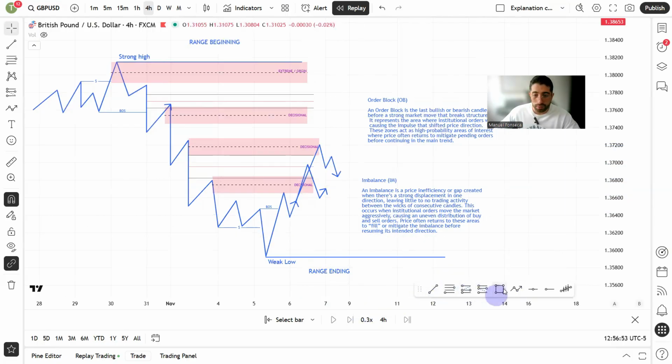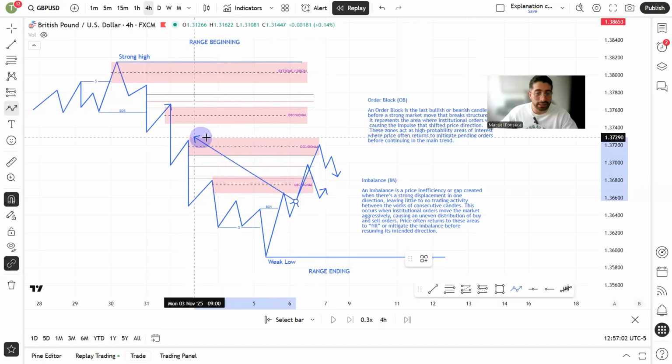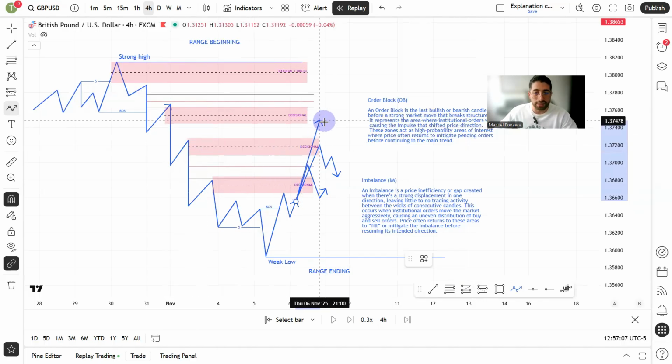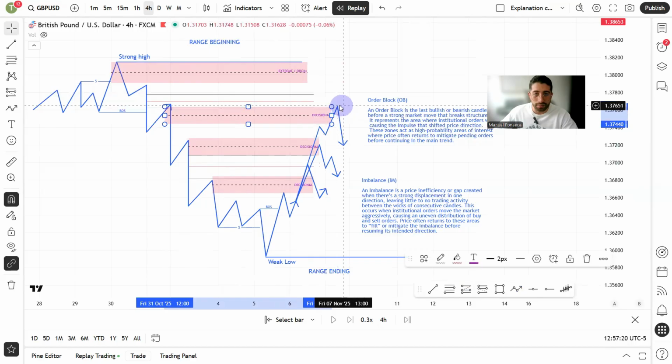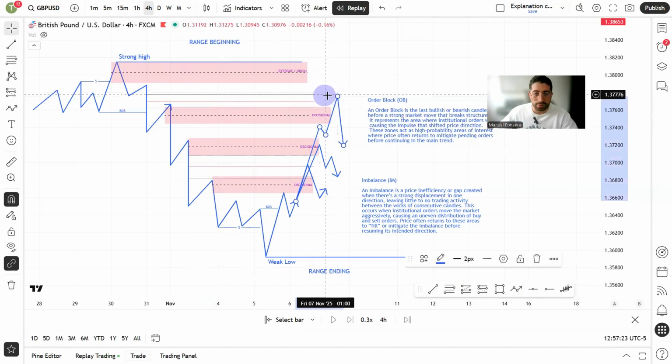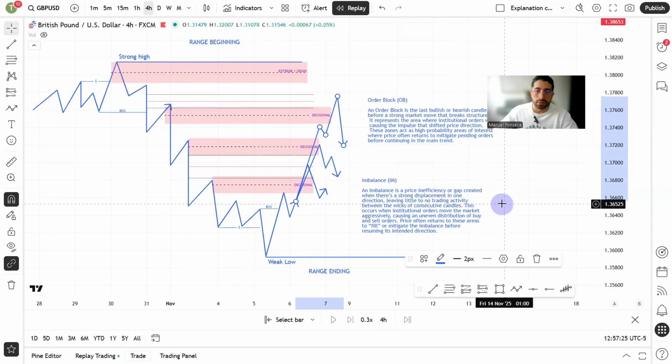Or the price can keep pushing up even higher. Look, for example, here was an imbalance that I didn't put, but here's another imbalance. Imagine that we're just going to omit it for the sake of the video. The price gets to this order block and has a reaction. Or even the price goes a little bit up, enters the imbalance, and keeps with the direction.